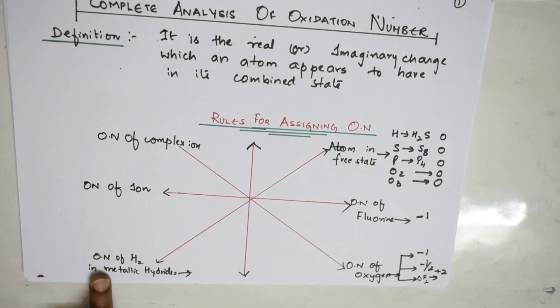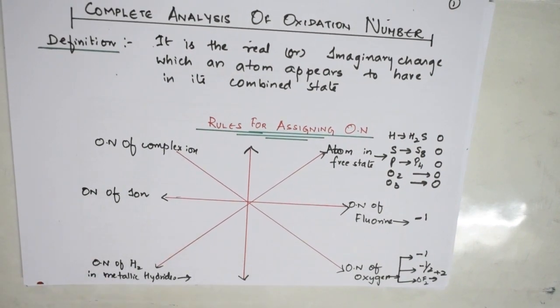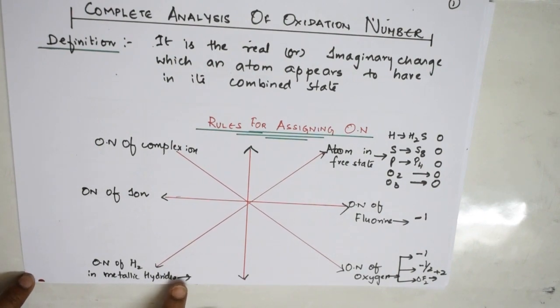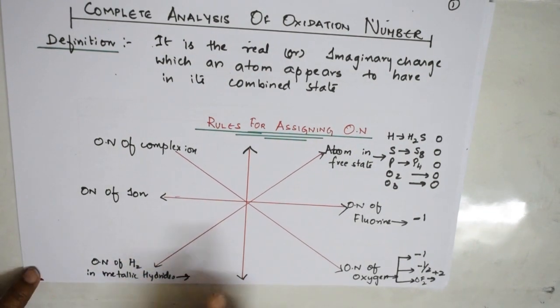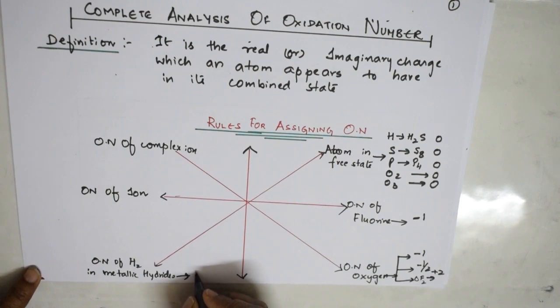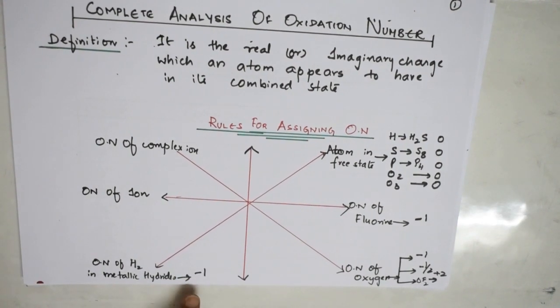And next, the oxidation number of hydrogen in metallic hydrides, like lithium hydride, sodium hydride. In that case, what is the oxidation state of hydrogen? Normally it is +1, but in metallic hydrides, like lithium hydride, sodium hydride, calcium hydride, the hydrogen oxidation number is always -1, remember.